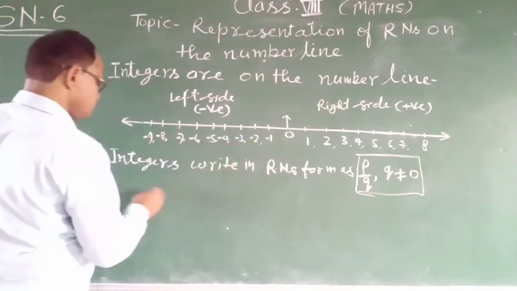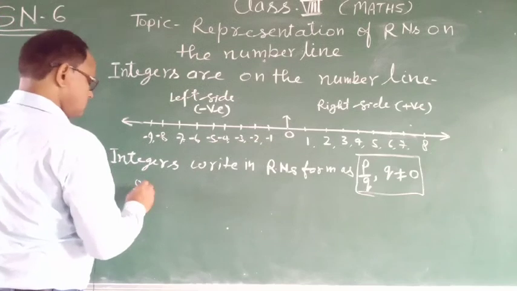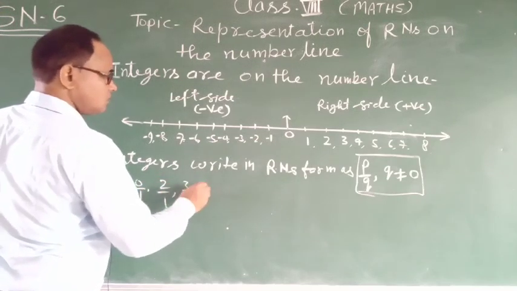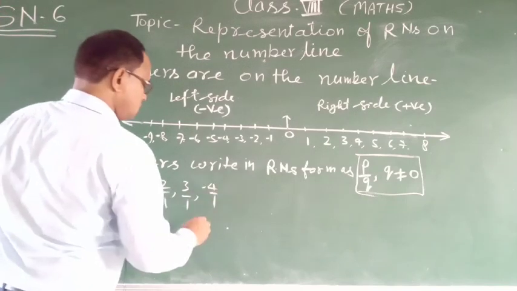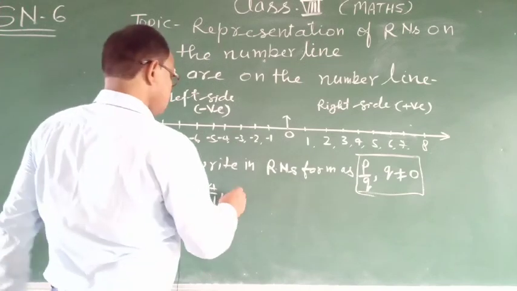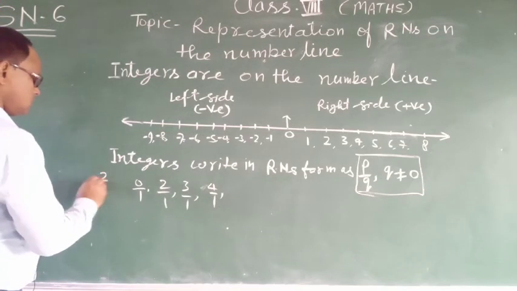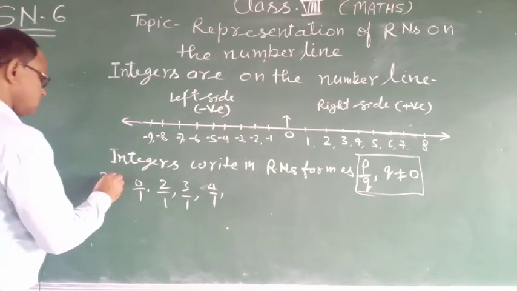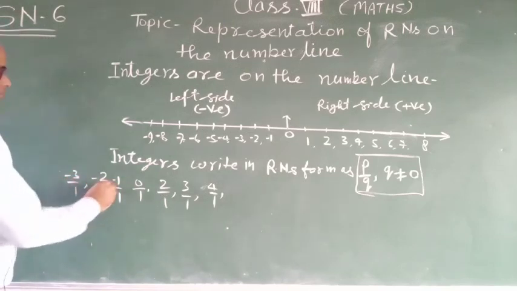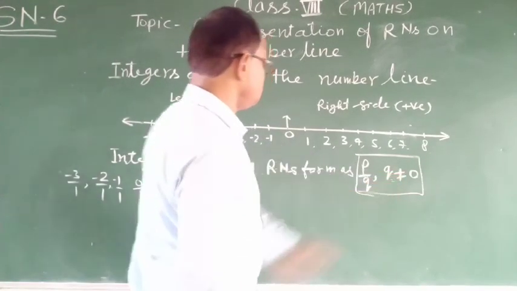Here we write 0 by 1, 2 by 1, 3 by 1, 4 by 1, and also here 2 by 1, 1 by 1, 3 by 1. We can write them in rational form P by Q, Q not equal to 0. Okay?